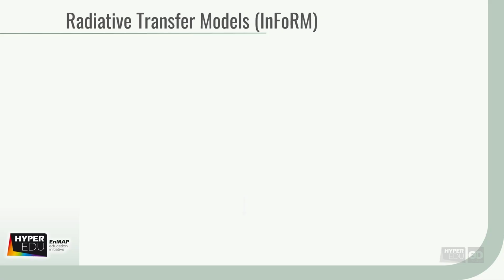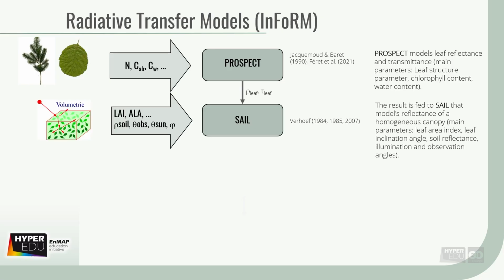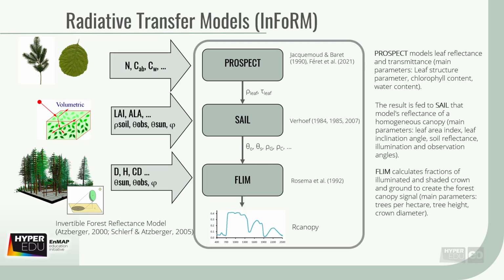A commonly used RTM in forestry applications is the INFORM model that combines three other models: PROSPECT for the leaf scale, a version of SAIL for the homogeneous canopy scale, and FLIM to account for the heterogeneity of forest canopies. Another popular model is DART.